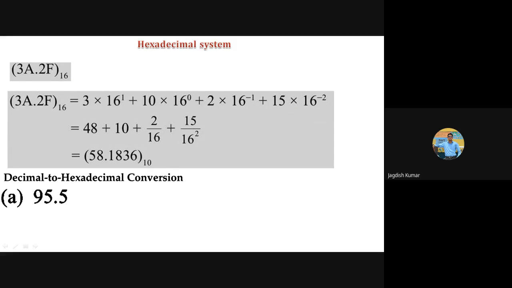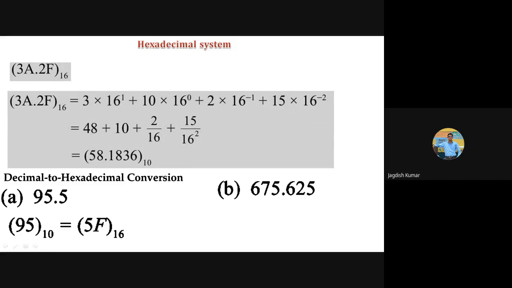Okay, almost everybody is getting 5F.8. So 95 would be 5F, and I'm sorry, I missed the remaining part. Yes, it should be 5F.8.